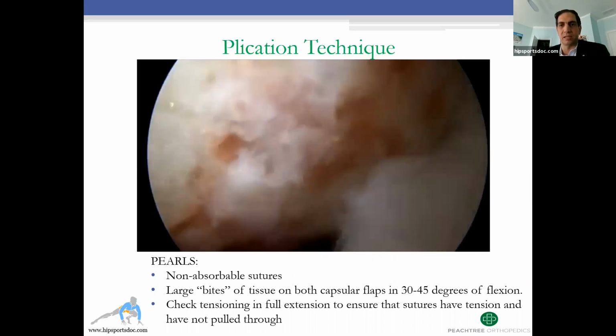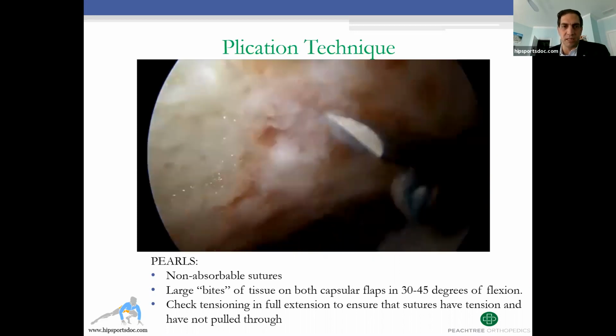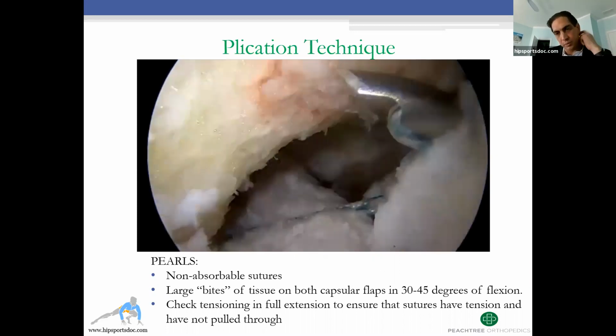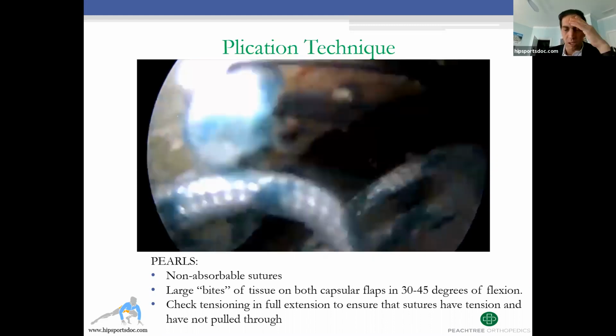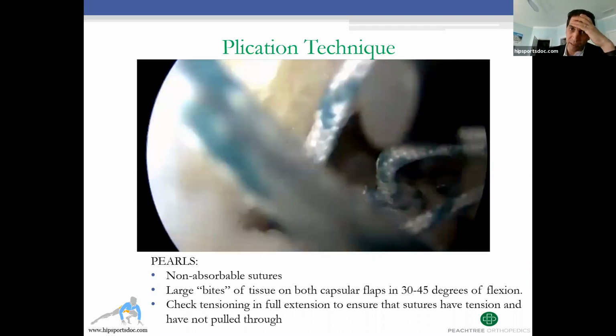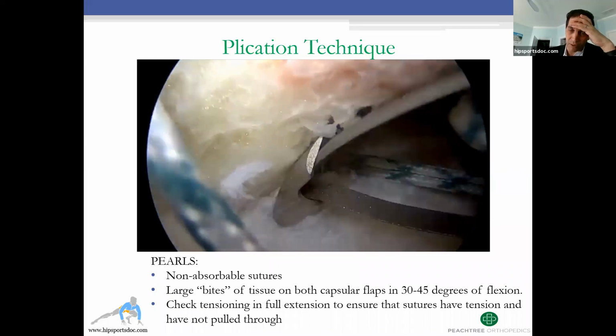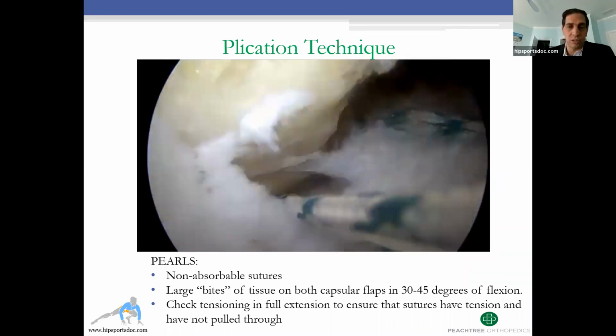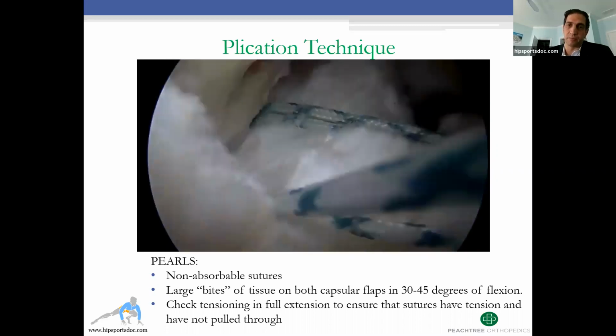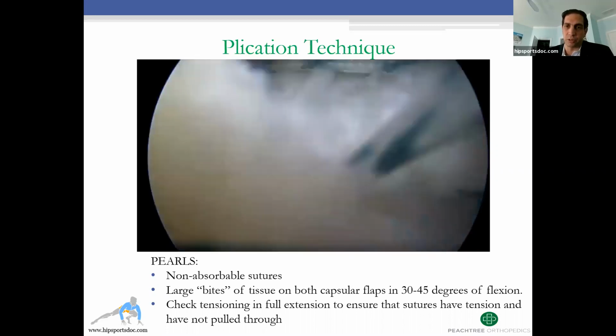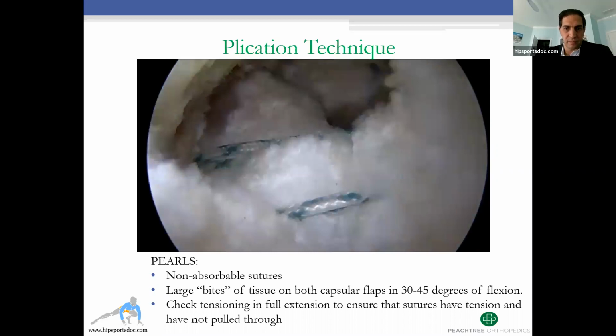Here's a second suture passed. In the setting of plications, non-absorbable sutures are more regularly used, I think almost uniformly by hip arthroscopists for plications, versus the use of absorbable sutures in standard repairs.